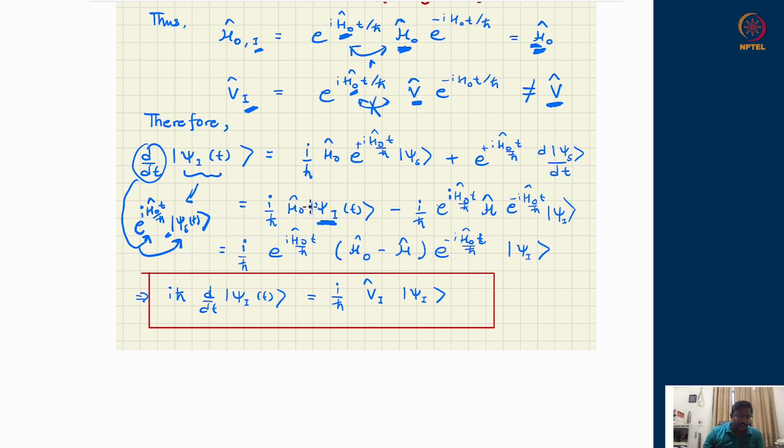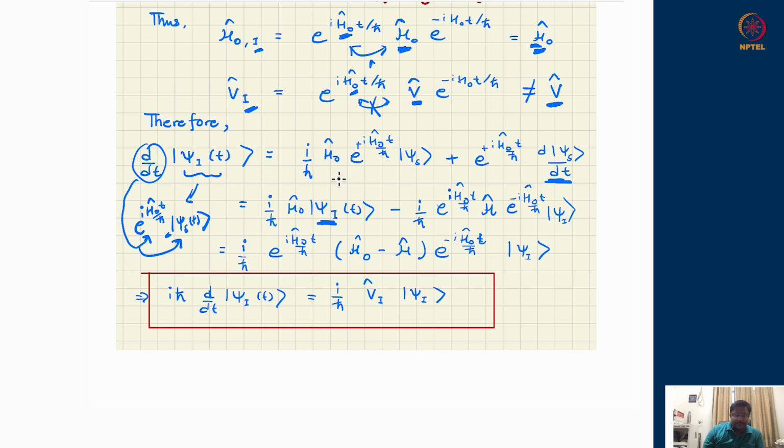So I get this extra factor i upon h bar times H naught times the interaction picture wave function back. And the second part, when the time derivative hits the Schrodinger state psi S, I know the Schrodinger evolution happens with the full Hamiltonian. But let us keep waiting and let us see where we end up with this.